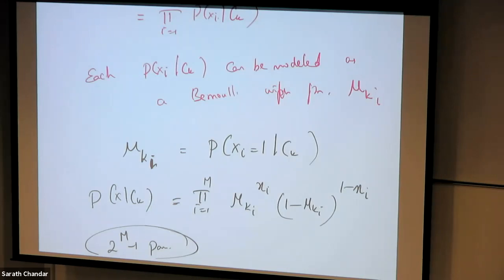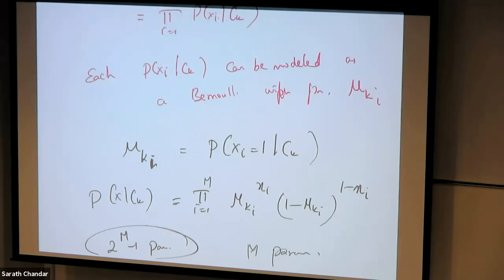There are m features, so you only need m parameters. Now you can appreciate the power of the naive Bayes assumption. In continuous random variables, it was not that much: from m square, we went to m. But in discrete random variables, from 2 power m, you go to m. That's a big saving, and sometimes that is the only practical way to do GDA for discrete variables.